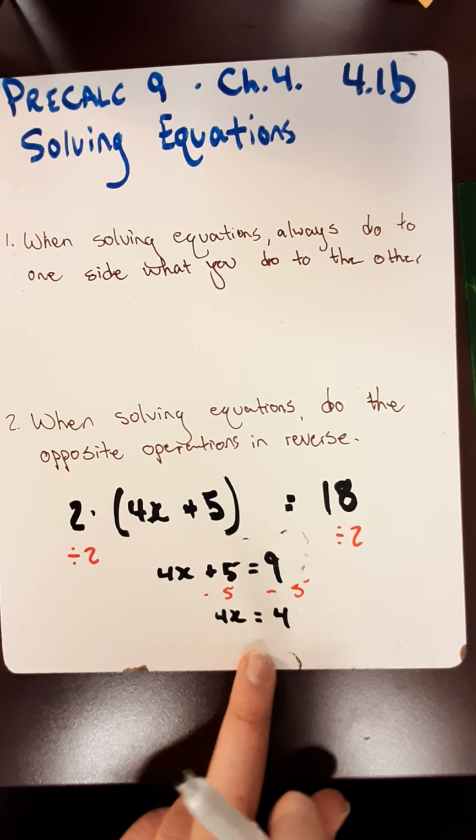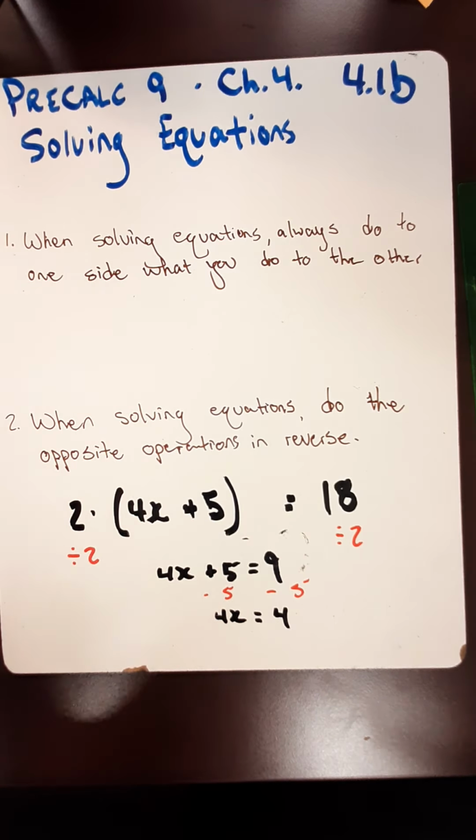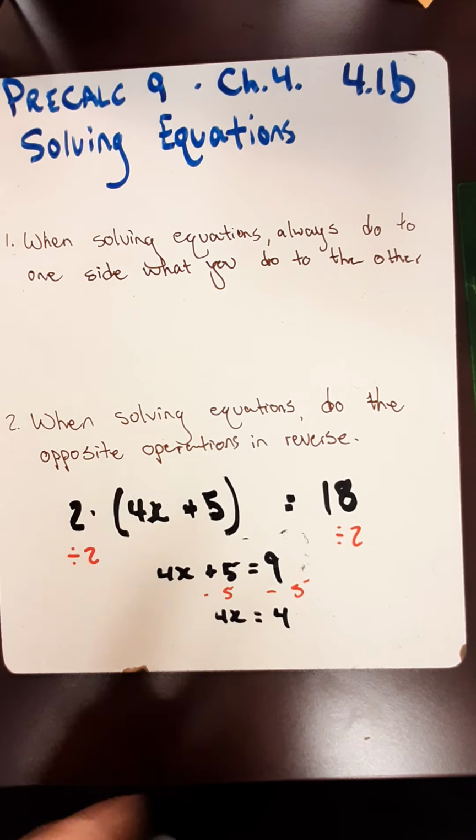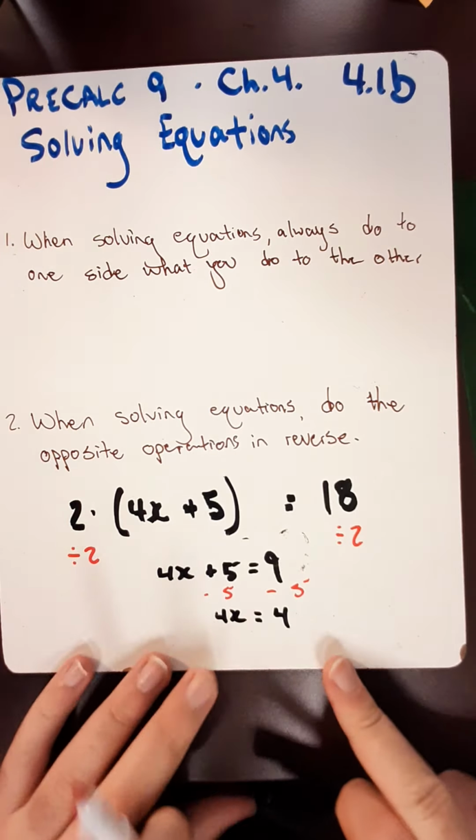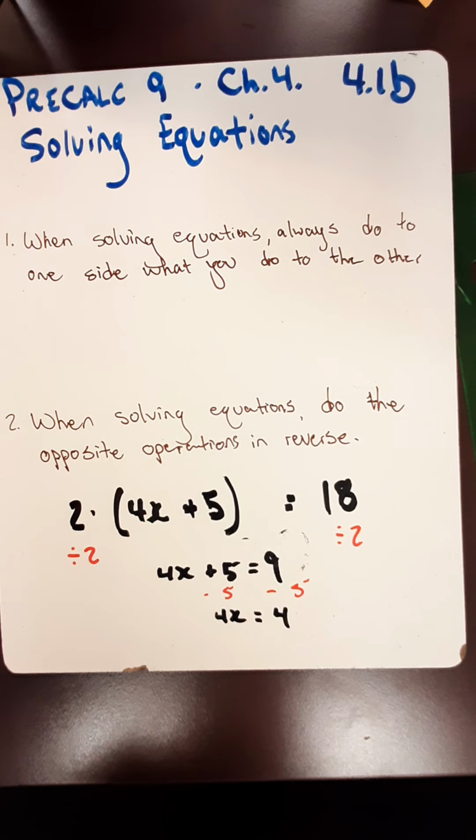That really means 4 times x, and the opposite of times, again, is divide. This time we'll divide by 4. And actually, at this point, you can probably just tell by inspection, or just by looking at the question, what the answer is. Of course, x equals 1.